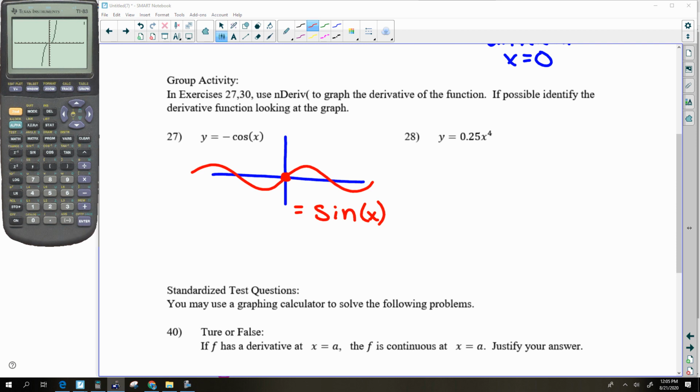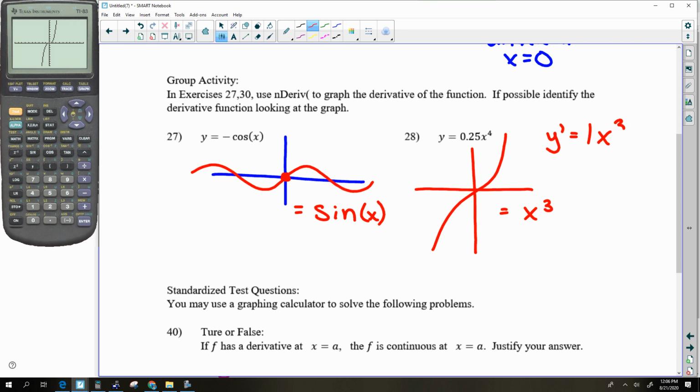What does it roughly look like? It looks like an x to the third. And then we know how to take the derivative of this. If I were to truly take the derivative of this, multiply 0.25 by 4, and reduce the exponent by 1. It is x to the third.